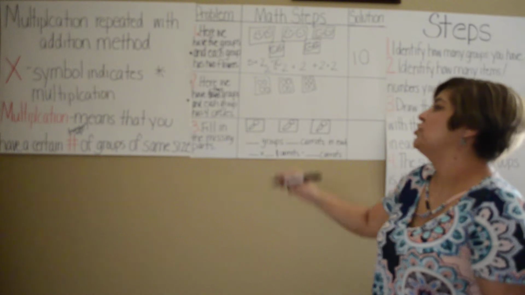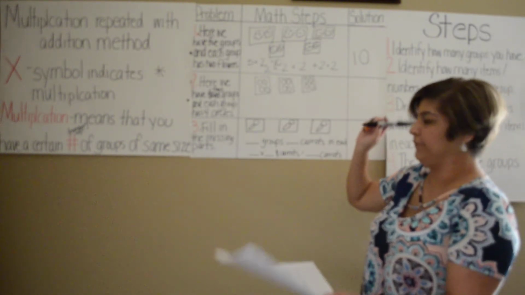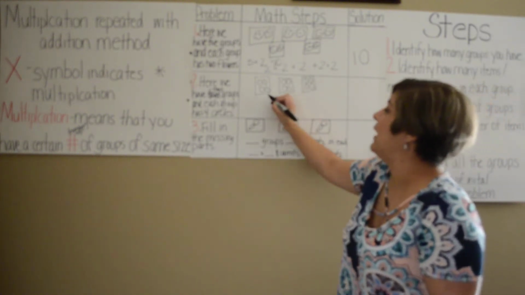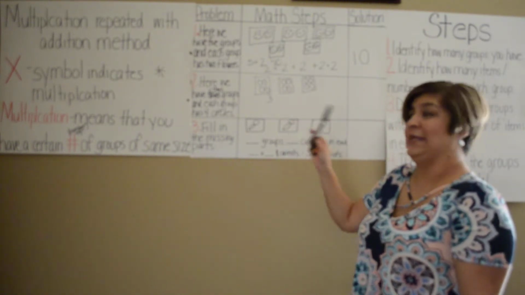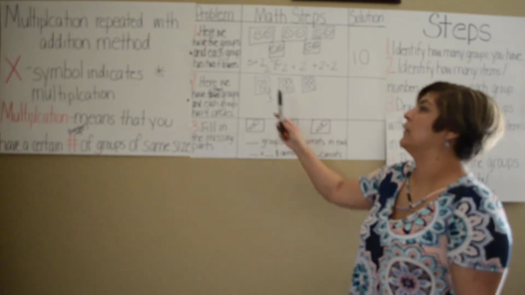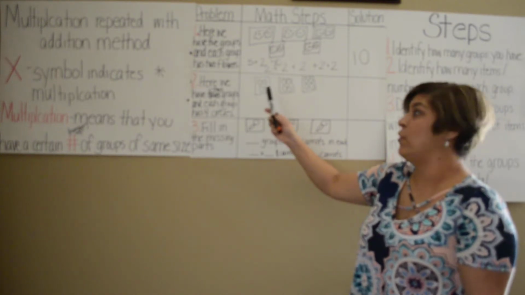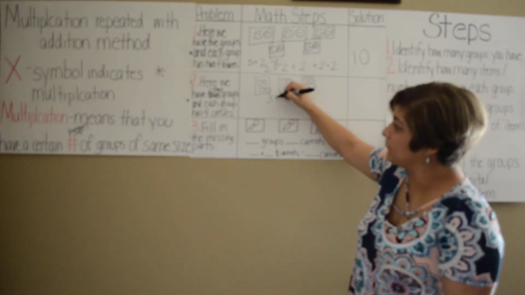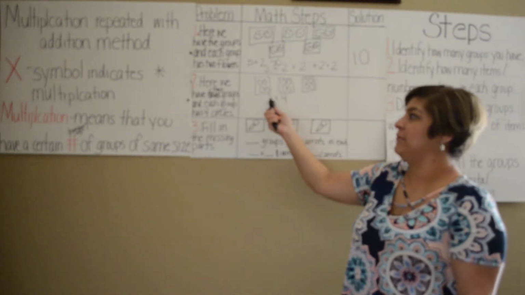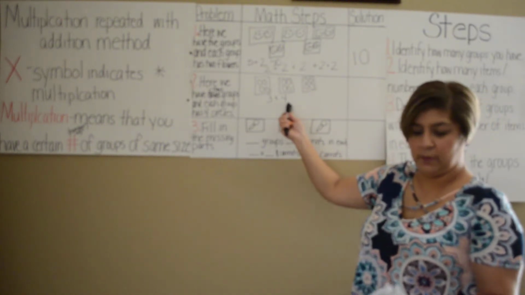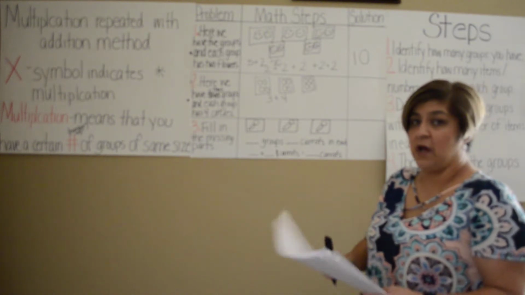Okay, so how many groups do we have? 3, correct. How many are in each group? 1, 2, 3, 4, correct. So we have to get 3 times 4. We can also solve it by adding.